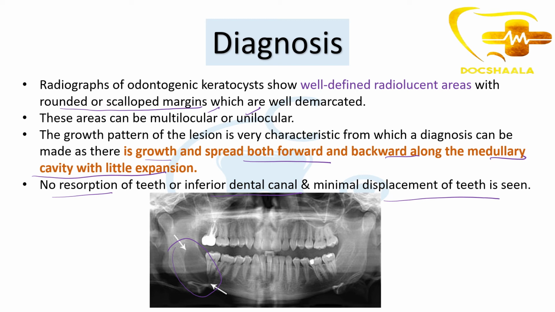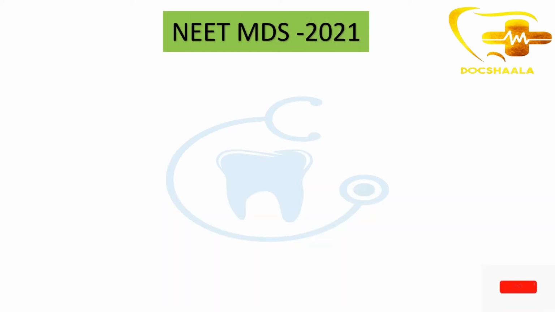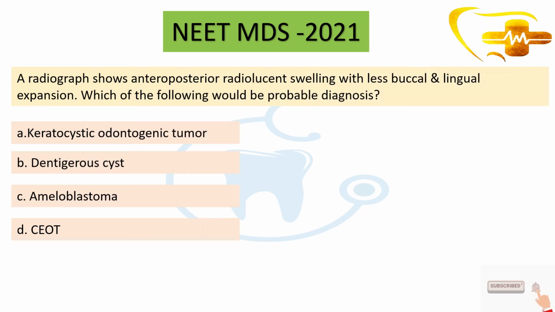Expansion is little. So the NEET MDS question that they have asked is: a radiograph shows anteroposterior radiolucent swelling with less buccal or lingual expansion. Less buccal or lingual expansion is the main keyword that they have given here. Which of the following would be the probable diagnosis? Buccal and lingual expansion is less.